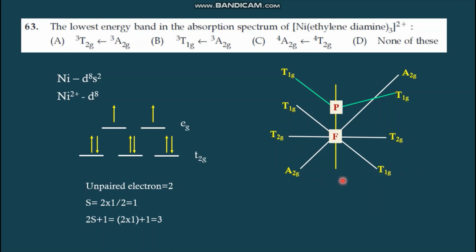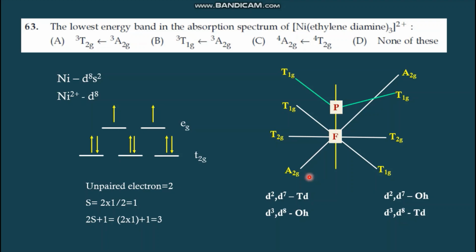This diagram is a two-part representation: the left side represents d2, d7 tetrahedral and d3, d8 octahedral, and the right side represents d2, d7 octahedral and d3, d8 tetrahedral. This complex is d8, and ethylenediamine means it's an octahedral complex. So this is a d8 octahedral complex, which means we have to consider this part. The lowest level is A2g, then T2g, T1g F, then T1g P.